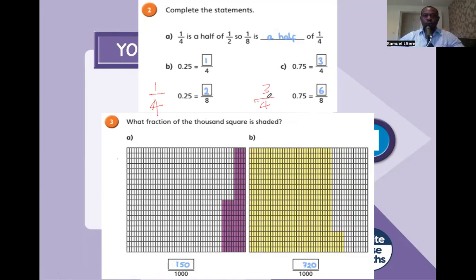We know 0.75 is 3 quarters. So if this is 8, it means we have to double that. And that's why that should be 6/8. All right, let's rub this off.